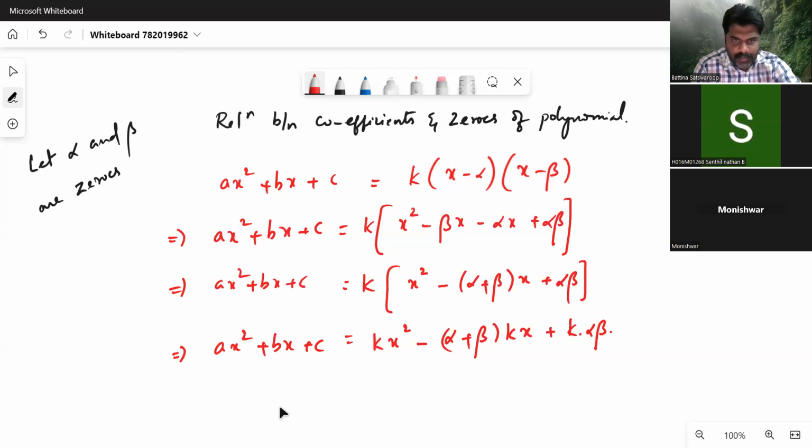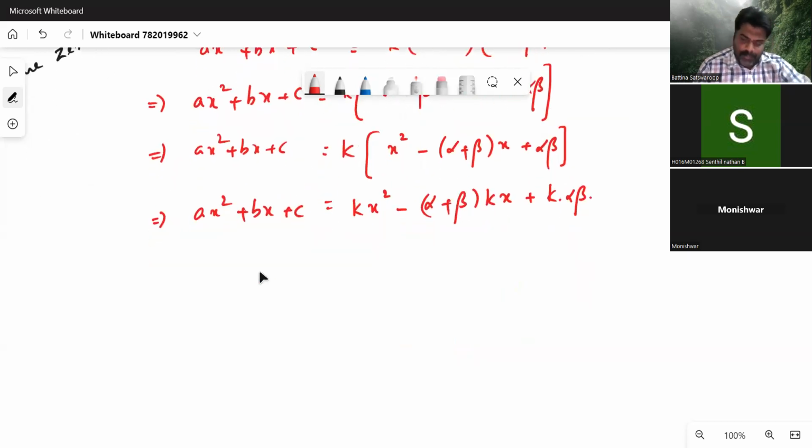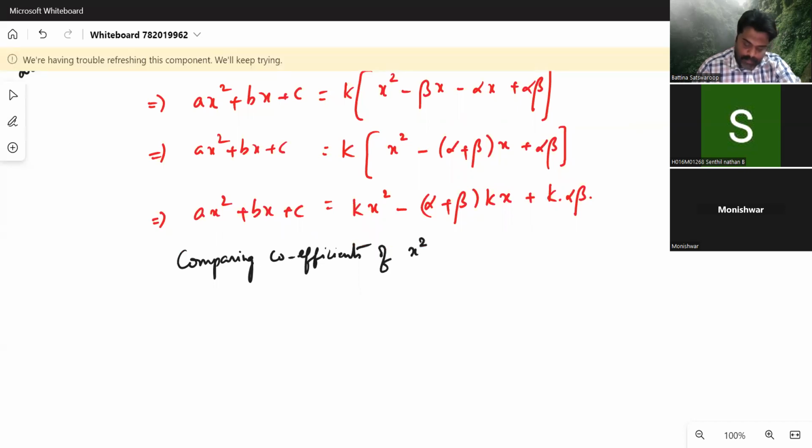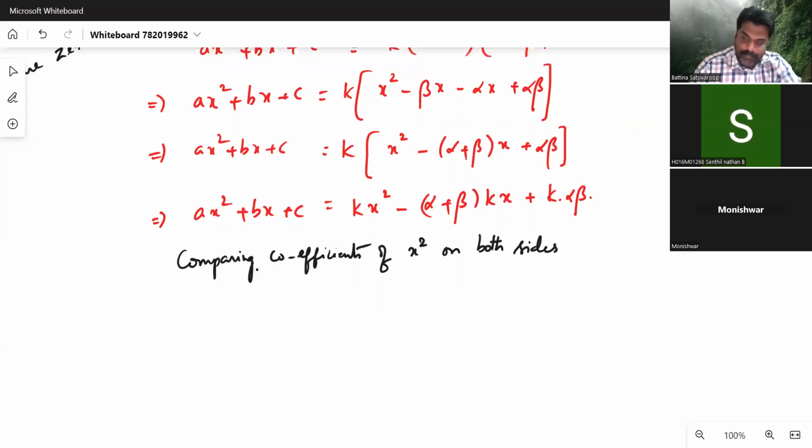Now what I will do? I will compare the terms. Compare the coefficients of x square on both sides. When I compare, a will be equal to k. Yes, sir.